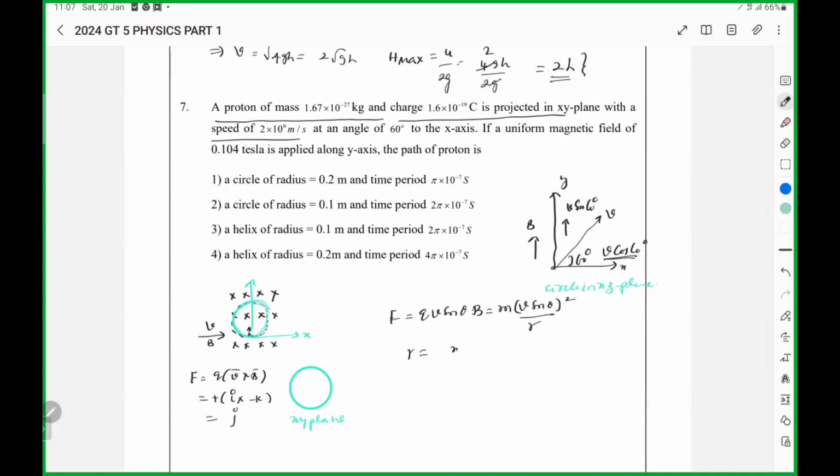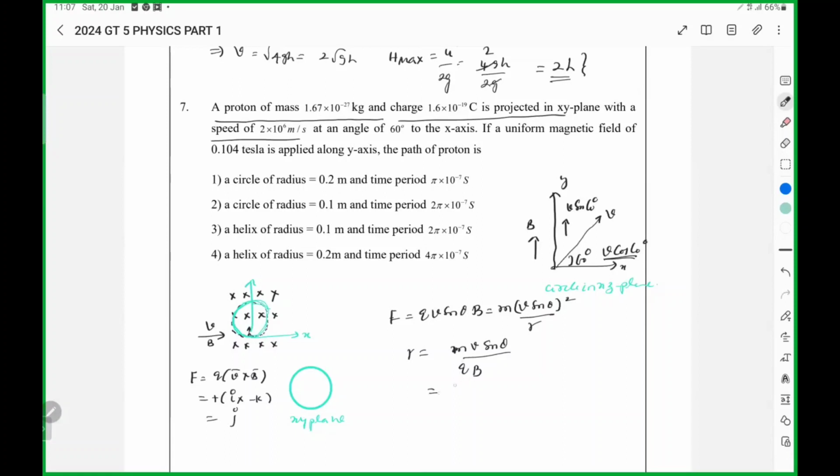So r will be mv sin theta by qB. So with this, now you can find the radius with the help of this.